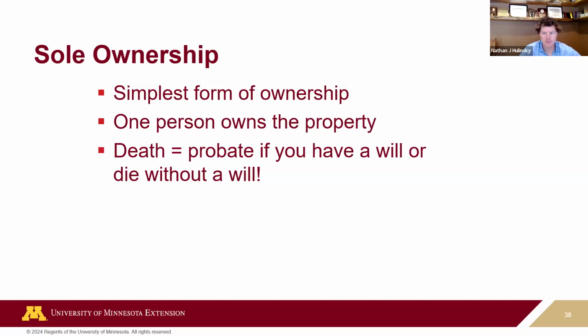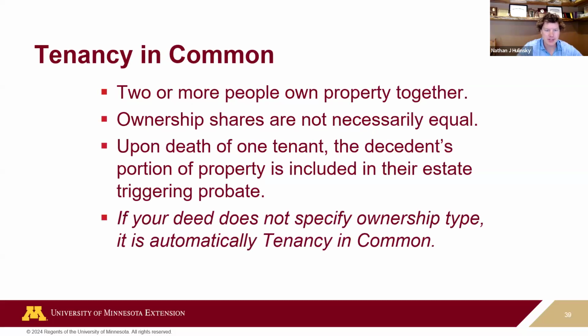Okay, pretty simple. And again, this is more specific to land here, but tenancy in common. So two or more people own the property together. Ownership shares are not necessarily equal. It's not always 50-50, and it can be 3 or 4 or more people, right? It's 2 or more. Upon the death of one tenant, the decedent's portion of the property is included in their estate, triggering probate.